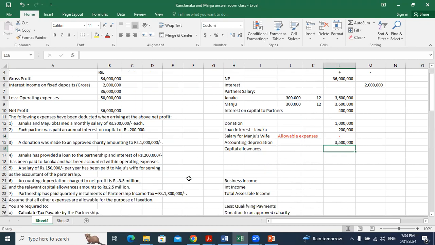Relevant capital allowances amount to 2.5 million. Capital allowances 2.5 million. The partnership has paid a part installment of partnership income tax, 1.8 million. That is not an expense, so we'll get the summation here.